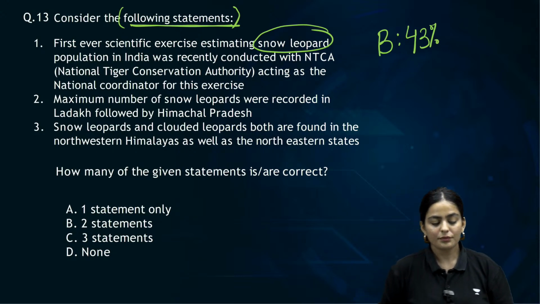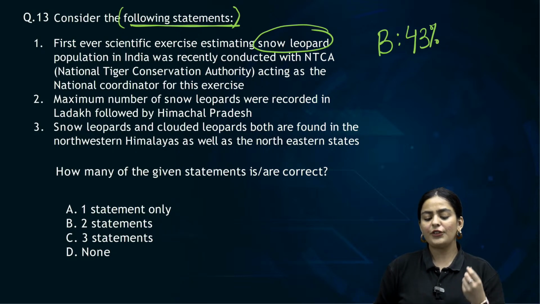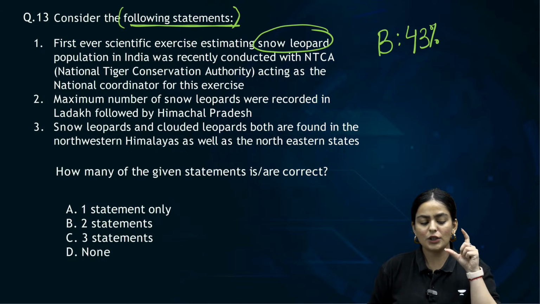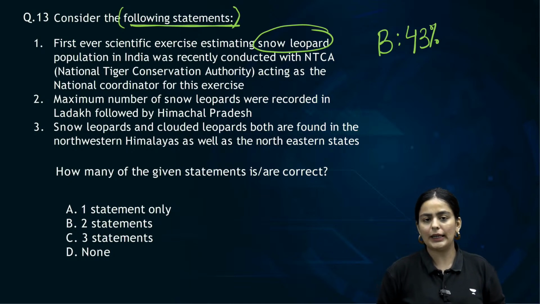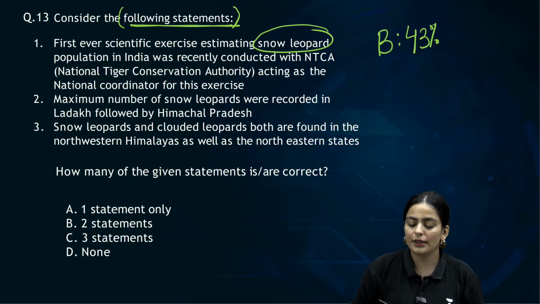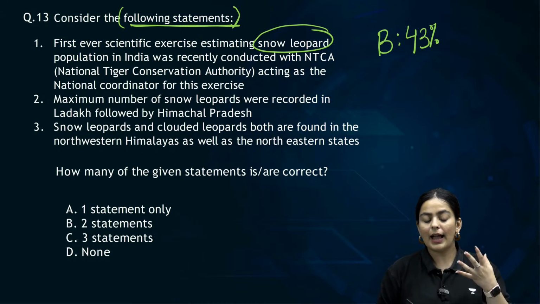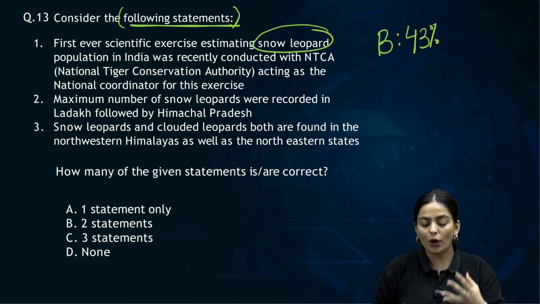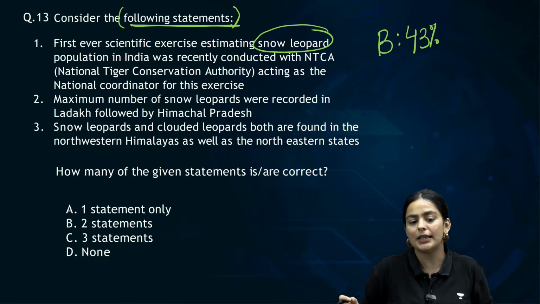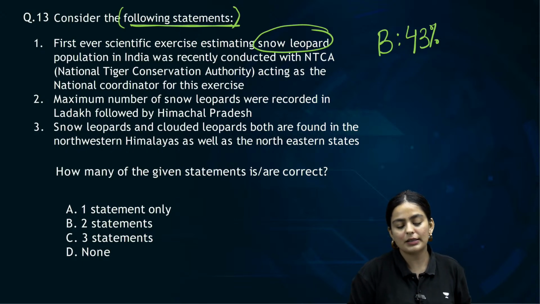All right. First ever scientific exercise estimating snow leopard population in India was recently conducted with NTCA acting as the national coordinator for this exercise. Is this correct or is this incorrect?